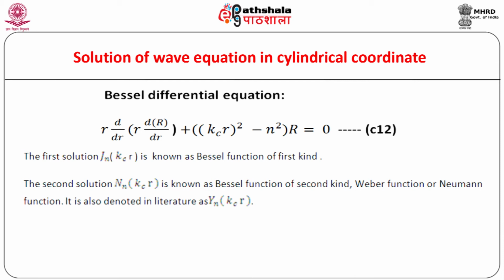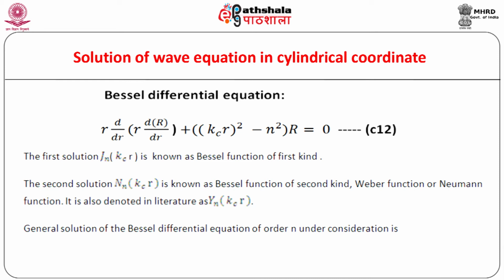It is denoted in literature as Yn of kc r also. Hence, the general solution of the Bessel differential equation of order n under consideration is given by R is equal to Cn into Jn of kc r plus Dn into Nn of kc r.